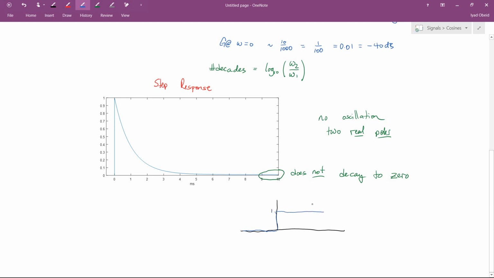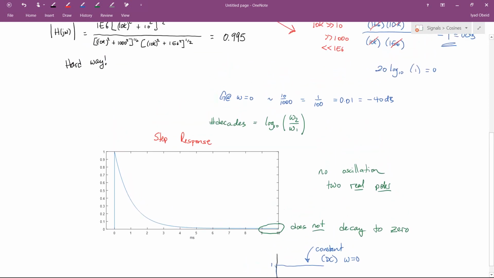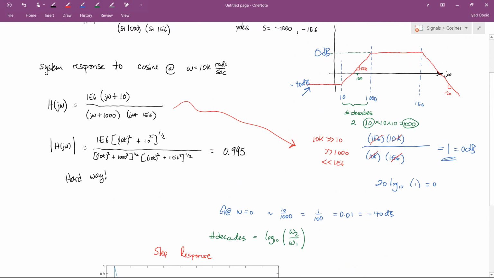Now for all intents and purposes, this is time over here. This is basically a constant input, because it doesn't change. And that's synonymous with frequency equals 0. Now, what does this system have as a gain at frequency equals 0? Well, if we come back here, we've actually calculated that already.